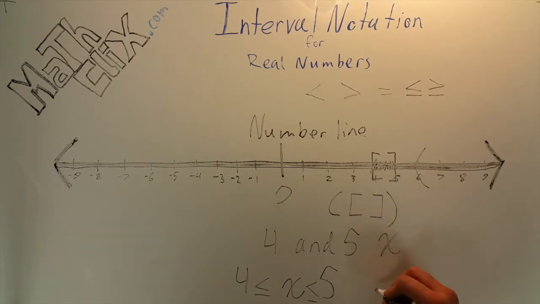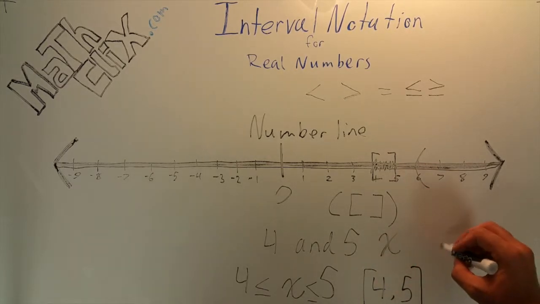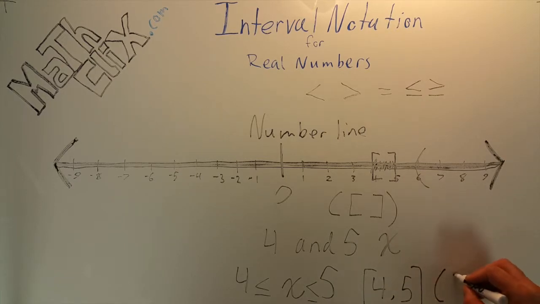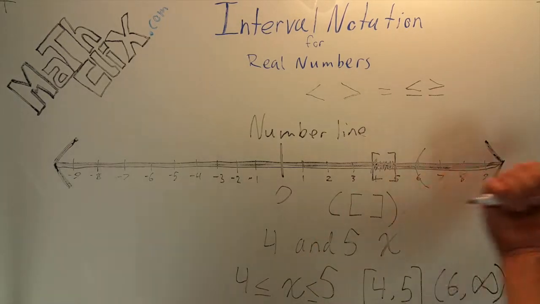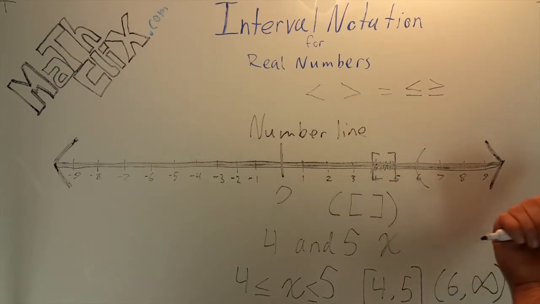The 4 and the 5 would be written like this, everything greater than 6 would be written like this, and then the infinity symbol to indicate it goes on forever that way.